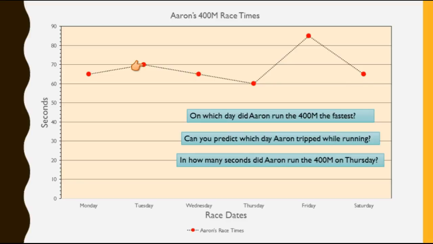So some days he's a little bit slower, a little bit faster. Obviously this one didn't really count since he fell, but I would say 65 is a good average speed for him. And so if his coach asked me, how fast can he run a 400? I would say probably about 65 seconds.